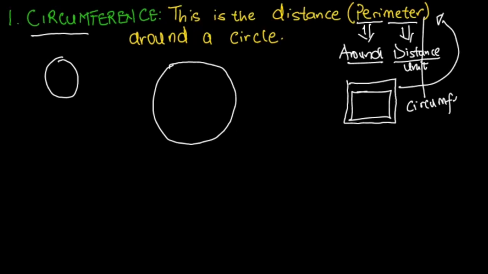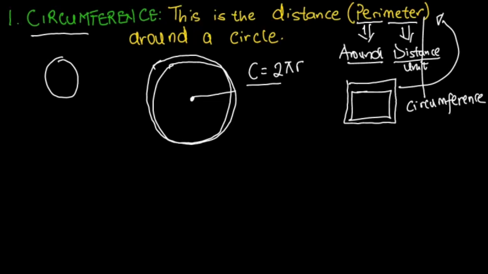So the distance around this circle is what we call circumference. And there's a formula for calculating circumference. The formula is circumference is equal to 2 times pi times radius, where radius is the distance from the center to the circumference. So the formula for calculating circumference is 2 pi r.